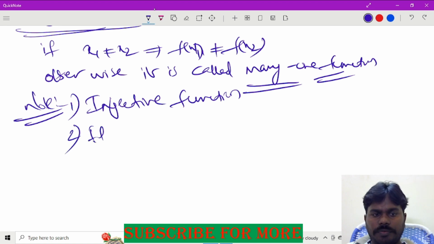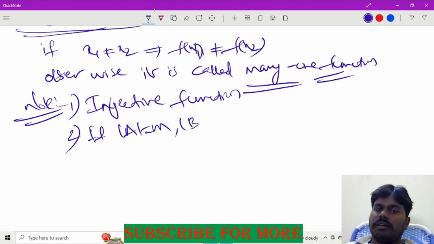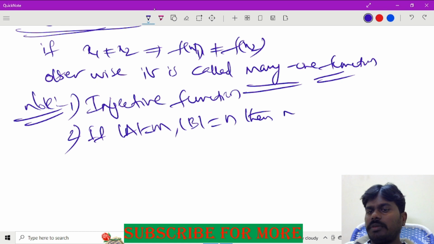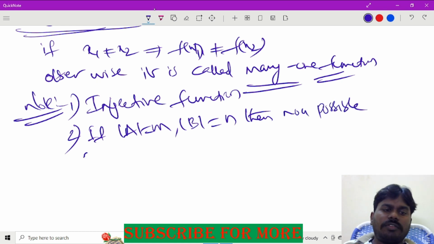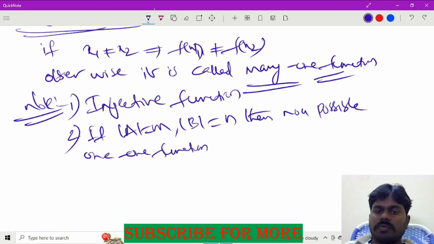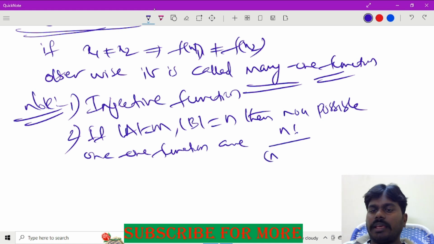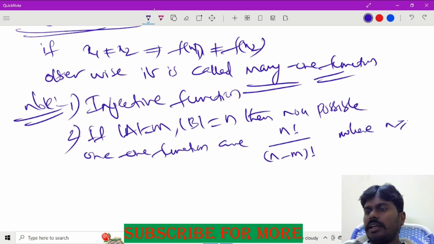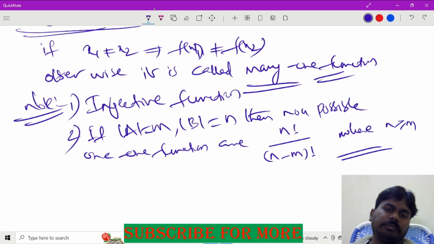If the number of elements in A is m and the number of elements in B is n, then the number of possible one-one functions is n factorial by (n minus m) factorial, where n is greater than or equal to m.